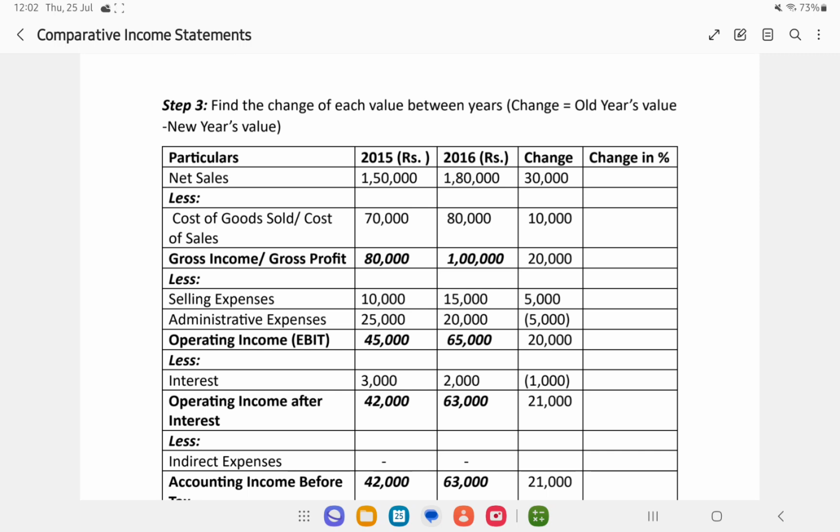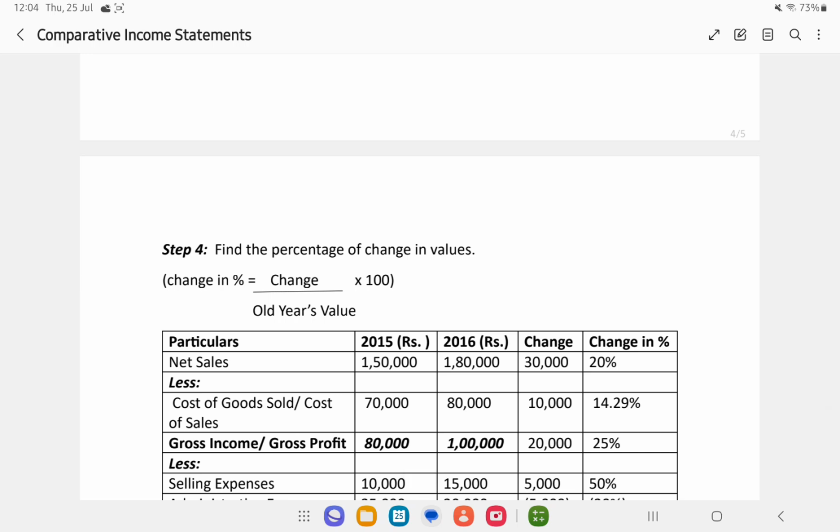But if you want to make it complete, you have to do one more thing, that is fill the fourth column, change in percentage. So we are going to do the last step, finding the percentage of change in value. How to find it? This is the formula. Change in percentage is equal to change divided by old year's value into 100.